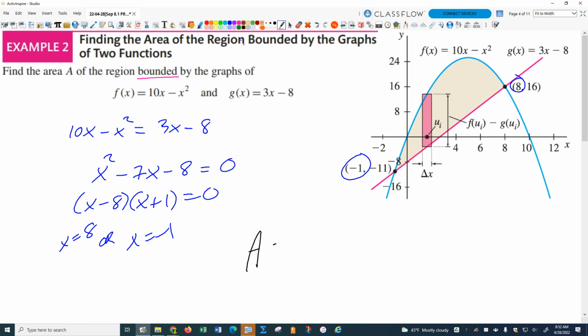Area, what's that one going to be? Daisy, help me set up this integral. If I want to find this enclosed area, what are my limits? -1 and 8. Okay, and what's my top function? There you go.